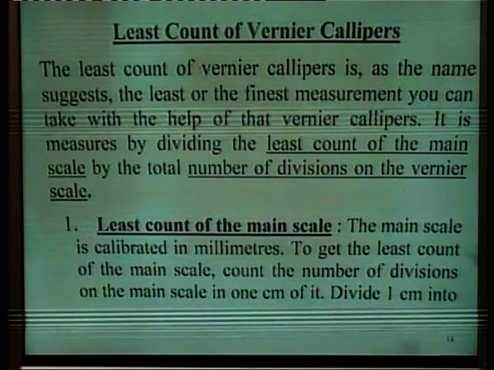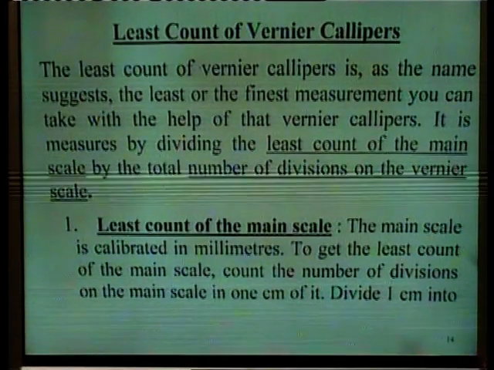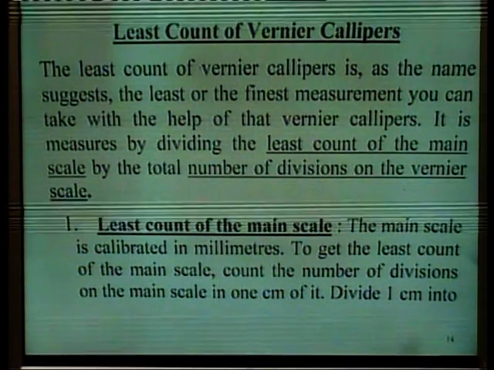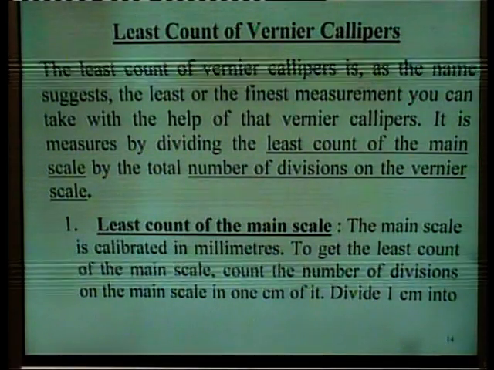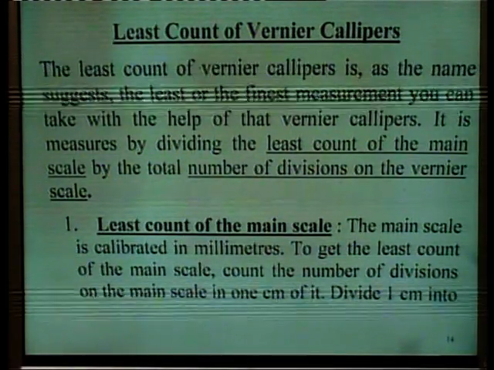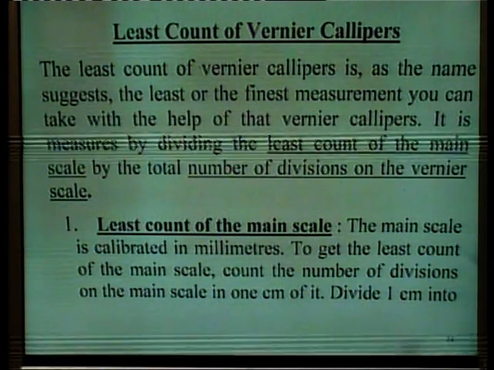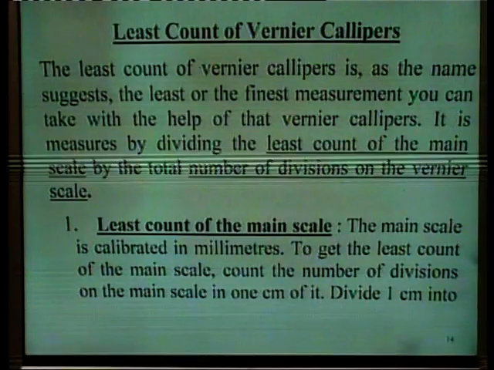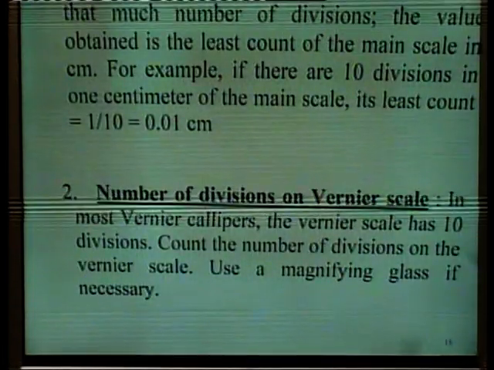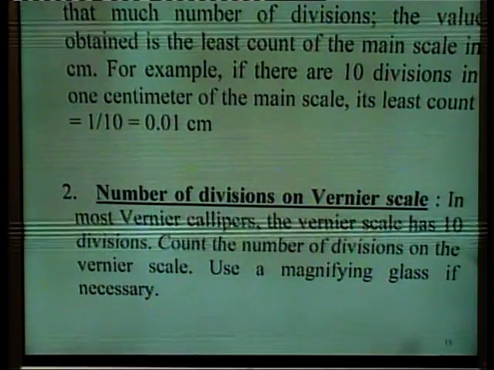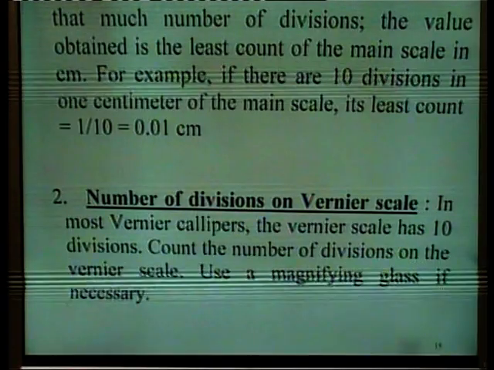So the least count of the main scale: the main scale is calibrated in millimeters. To get the least count of the main scale, count the number of divisions on the main scale in 1 centimeter of it and divide 1 centimeter into that many divisions.